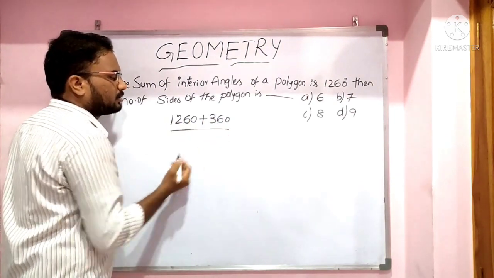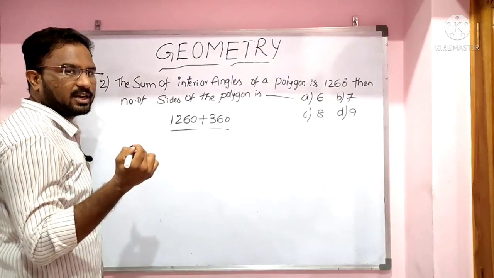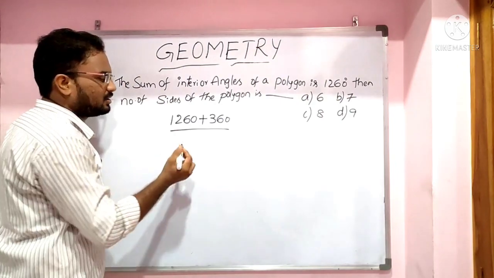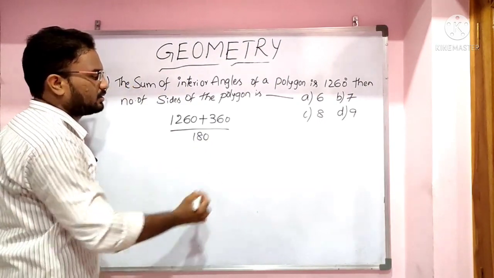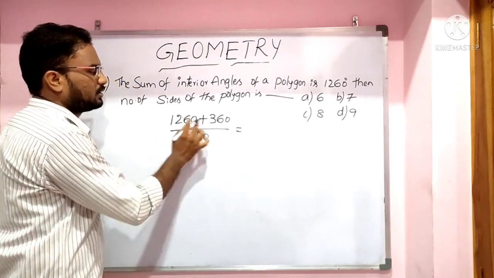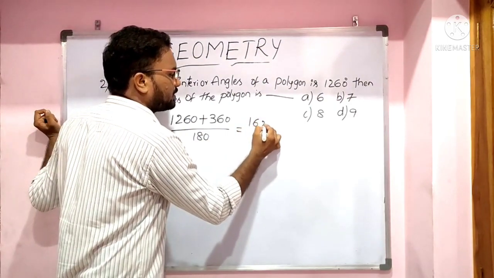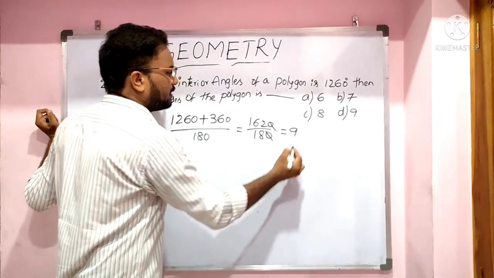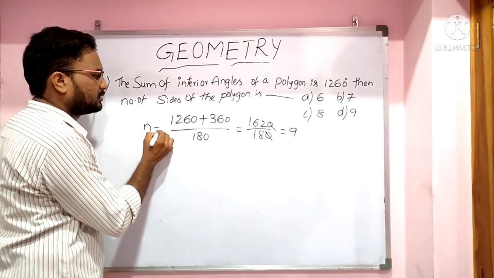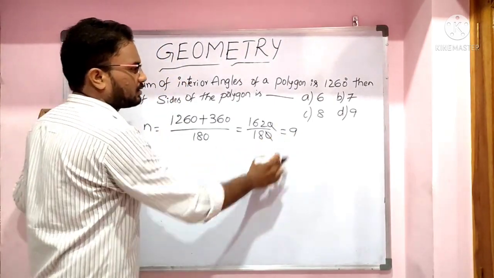We have the sum of each interior angle and corresponding exterior angle is 180 degrees. So total 1620 by 180, answer 9, okay. Number of sides equals 9.